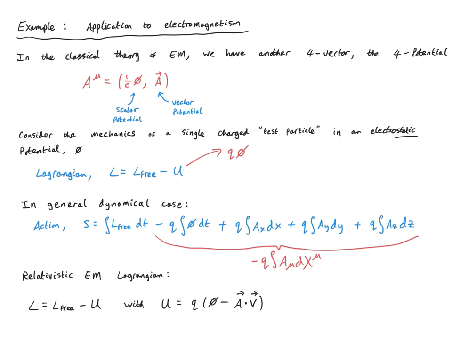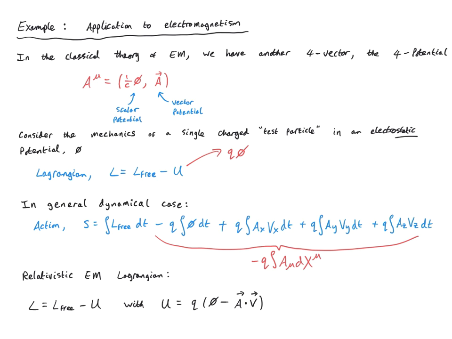So what I'll do is simply multiply and divide by dt in each of these terms, and recognise that dx by dt, dy by dt, dz by dt are the velocities of the particle along the x, y, and z directions. Then I have these terms, which have a common factor of q times the integral of something dt.